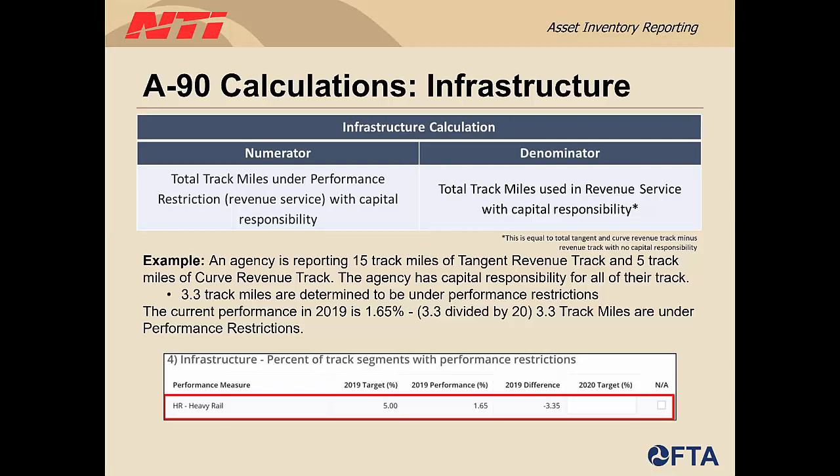And here we have 16.5%. It does appear that there is a typo on the slide regarding the decimal. So that 1.65 should actually read to be 16.5. And we're getting that calculation again by taking the 3.3 track miles under performance restrictions and dividing by our total track miles with capital responsibility that are used in revenue service.